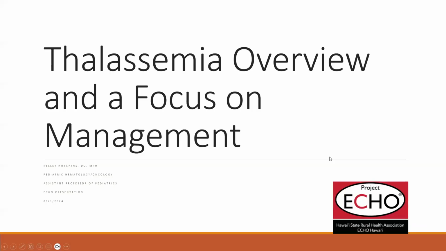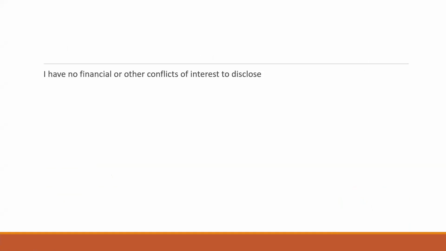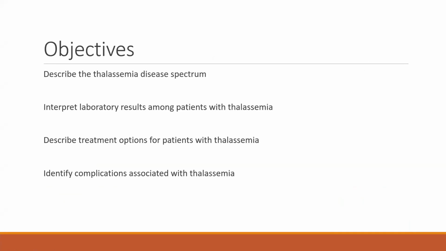So yes, again, today I'm going to review thalassemia and do a focus towards the end on management of some of the major types that we see. Again, I have nothing to disclose.